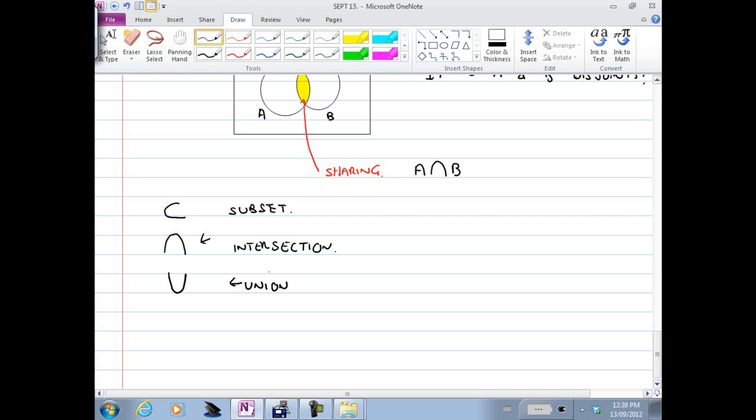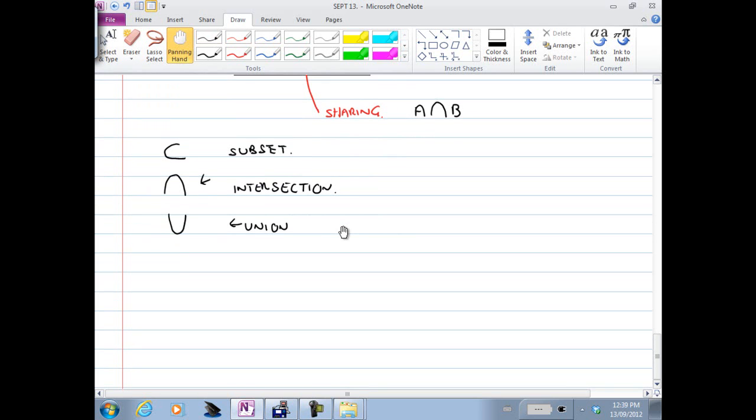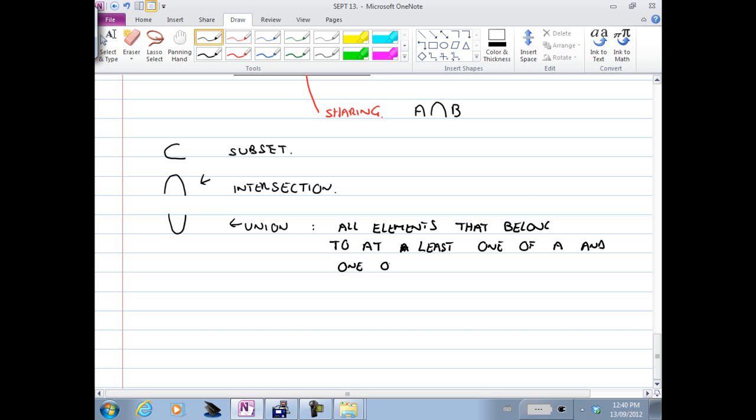Union means all elements that belong to at least one of A and B. It sounds confusing, but I'm going to show you what this means.